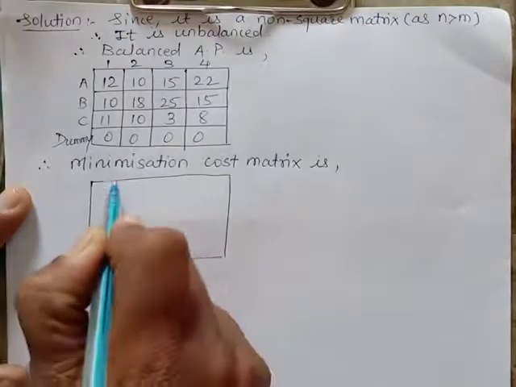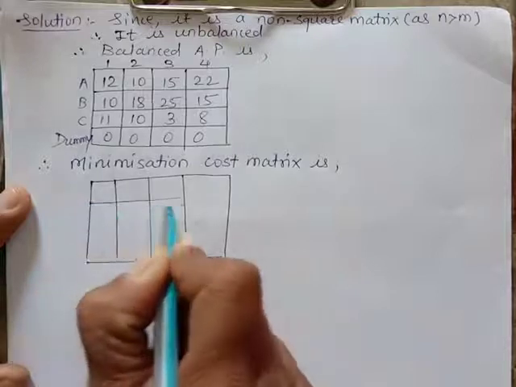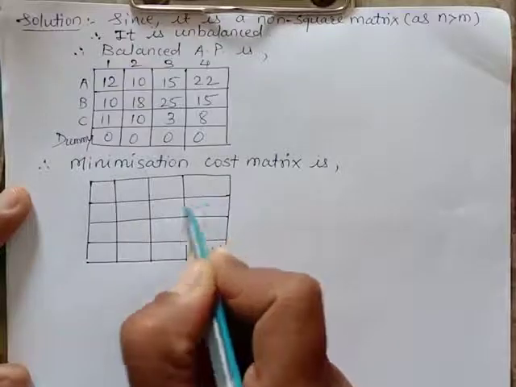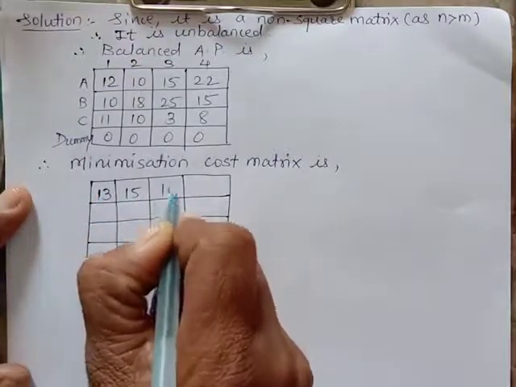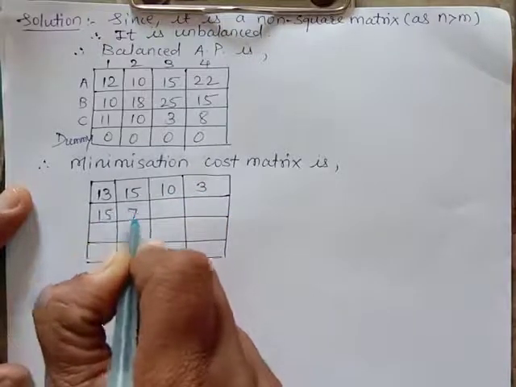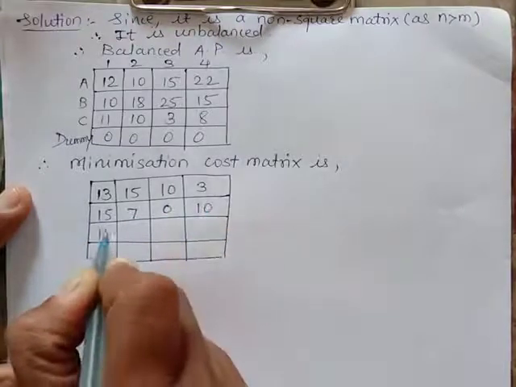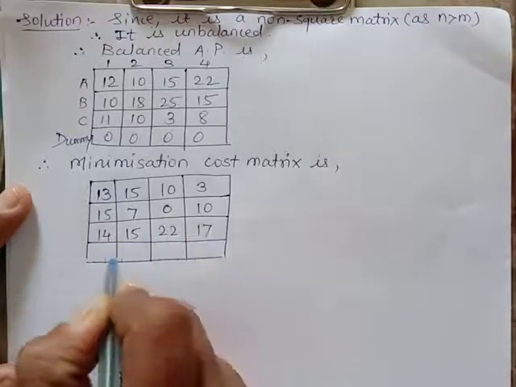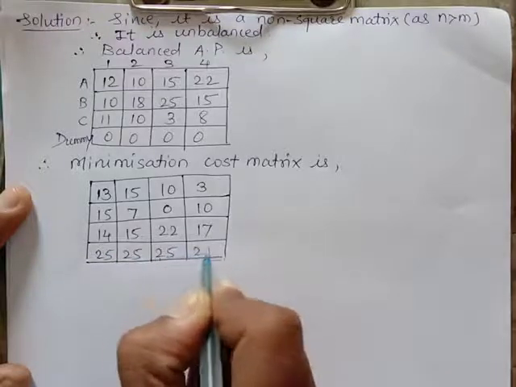Then the cost matrix will be 13, 15, 10, 3, 15, 7, 0, 10, 14, 15, 22, 17, and here we get 25, 25, 25 and 25.